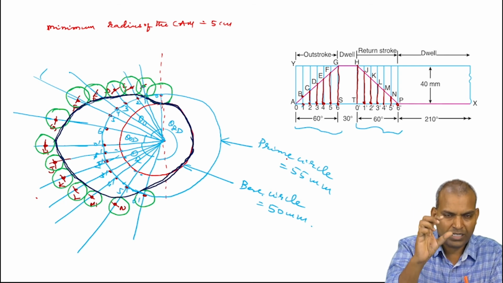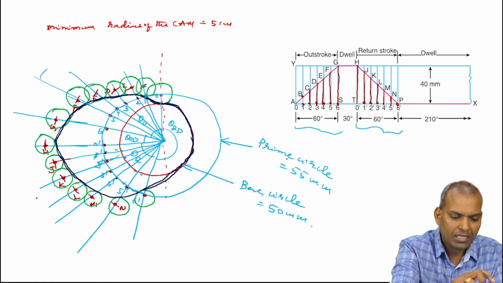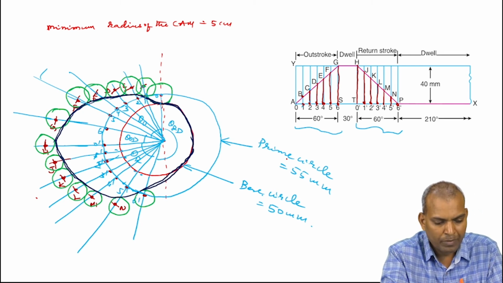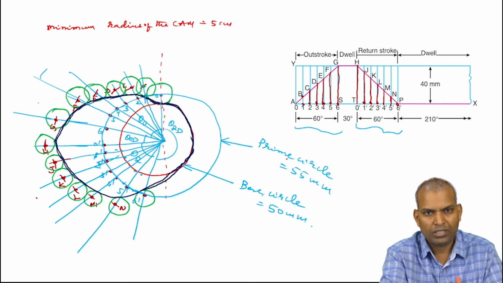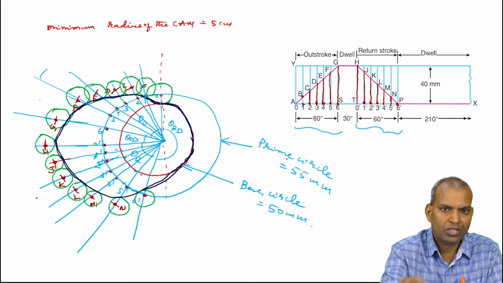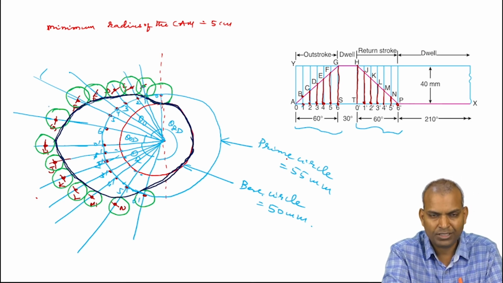Those vertical distances moved by the follower, we have to mark on the radial lines from the prime circle. Those markings are the centers of the roller. On those centers you have to draw the rollers, which have a radius of 5 millimeters.